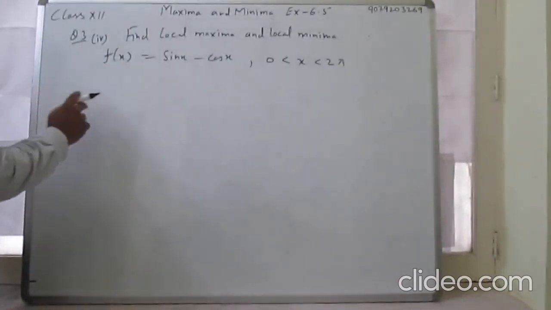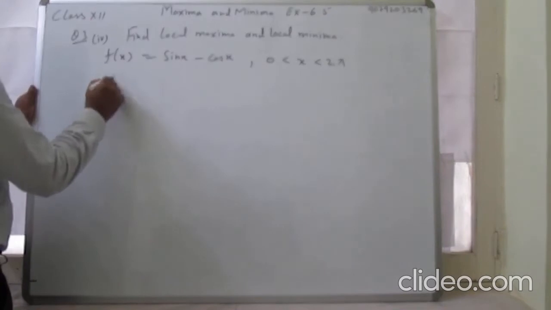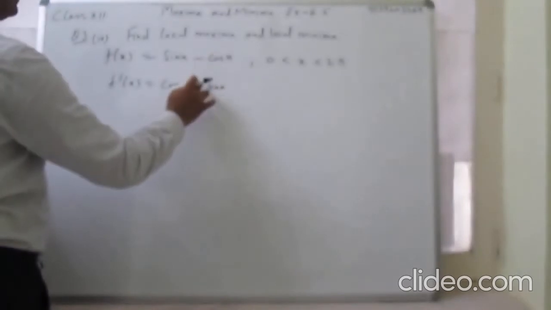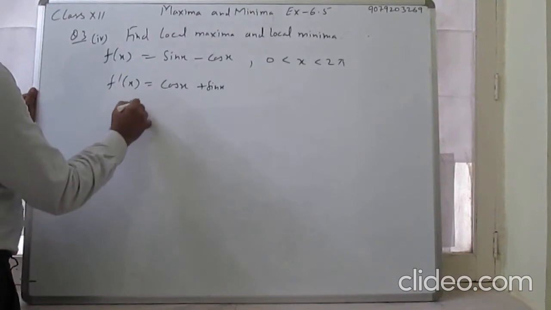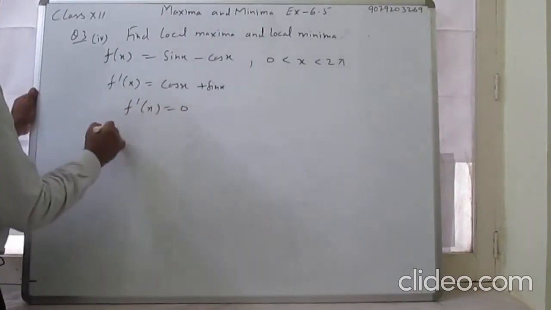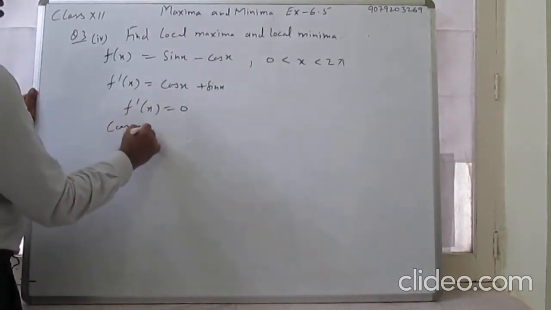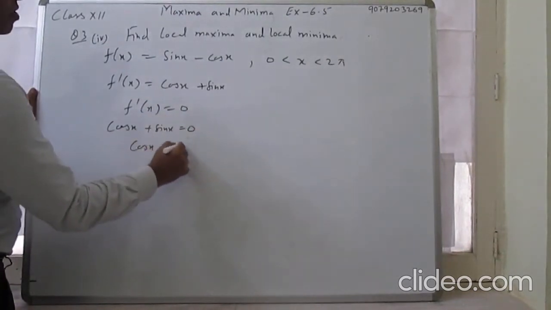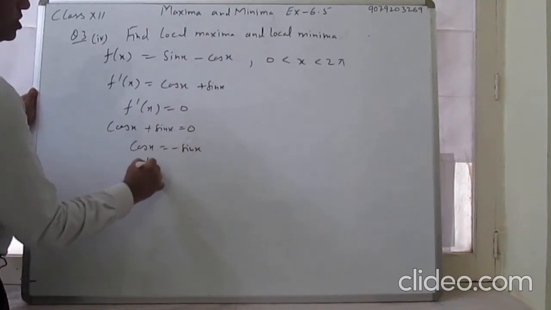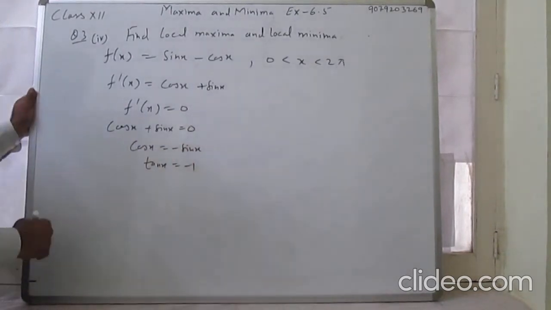Now first we find f dash x, derivative of f(x). Derivative of sin x is cos x, minus derivative of cos x, which is minus sin x, so it becomes plus. Now f dash x is equal to 0. So cos x plus sin x is equal to 0. Cos x is equal to minus sin x. It means tan x is equal to minus 1.